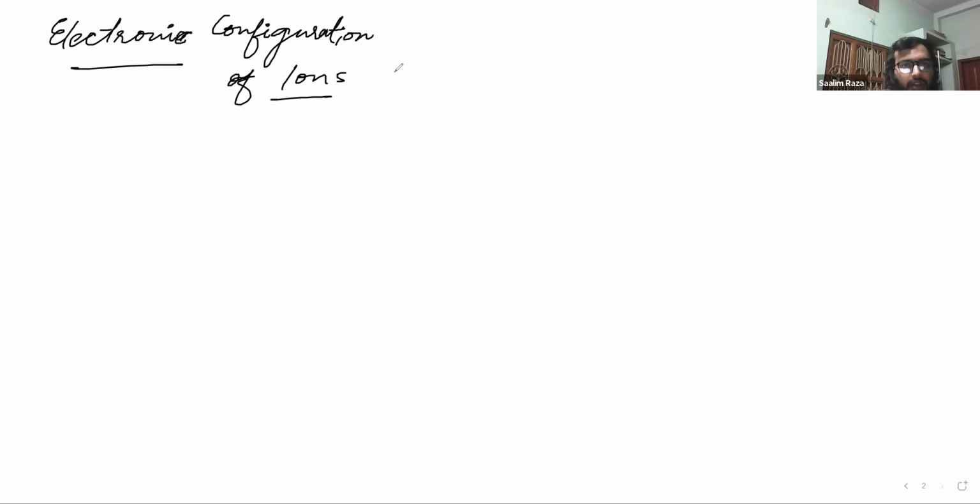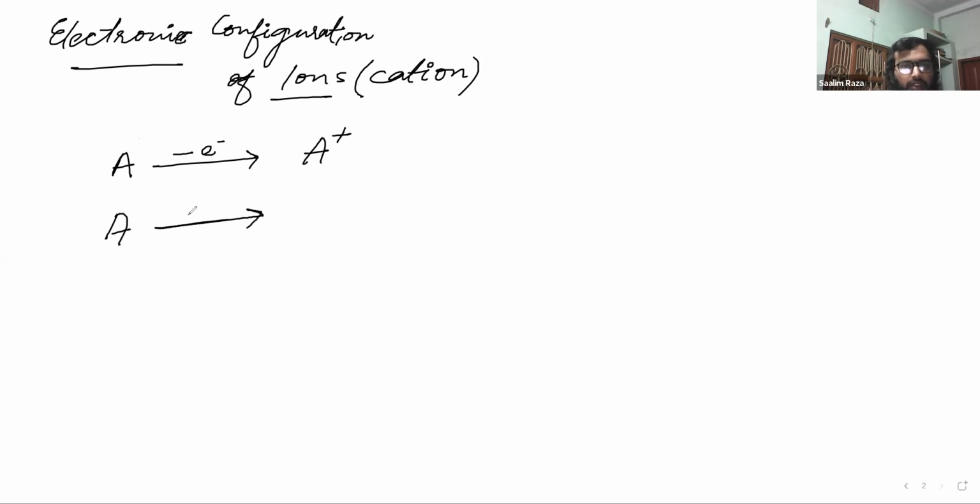But here we will specially learn about the electronic configuration of a cation. How do we form a cation? We have any element, for example A, then it loses an electron and it gives us A plus, or it loses two electrons and it gives A 2 plus, right? These are the cations, and we will learn about the electronic configuration of cations.